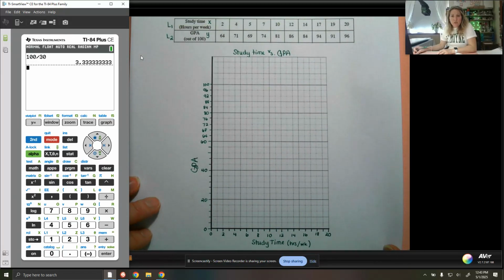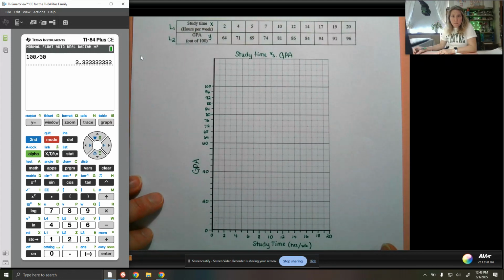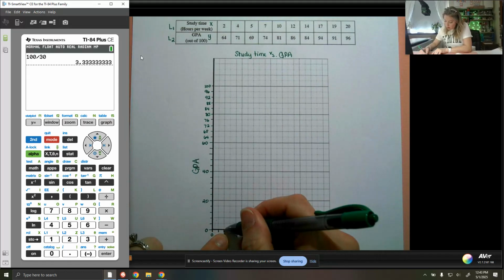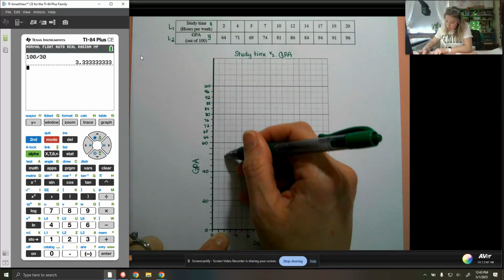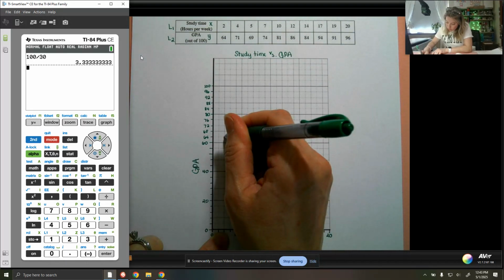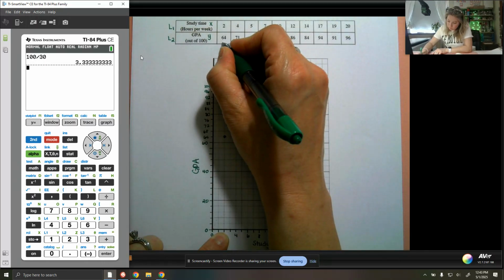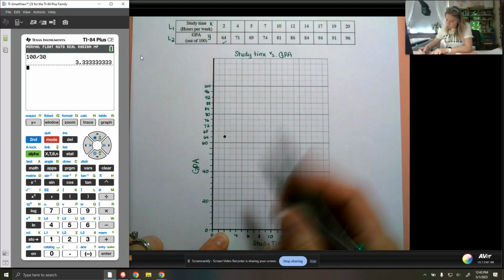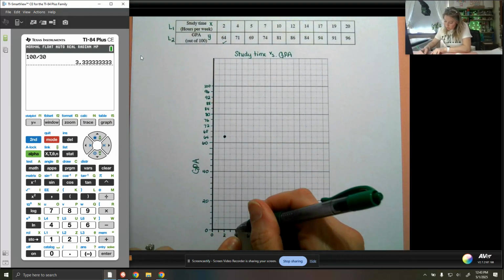So now let's get each of these individual points on here. 2, 64, so 2 hours, and 64 is a grid point. 4, 71. So 71 is not an even number, so it won't be a grid point.